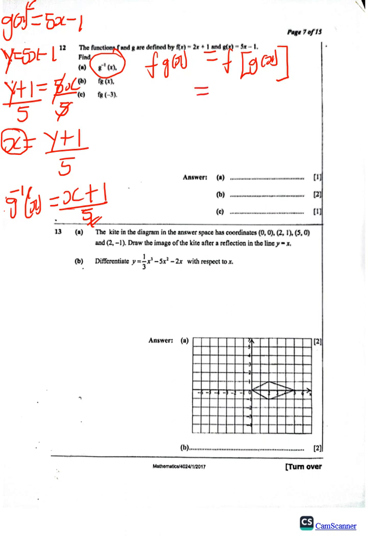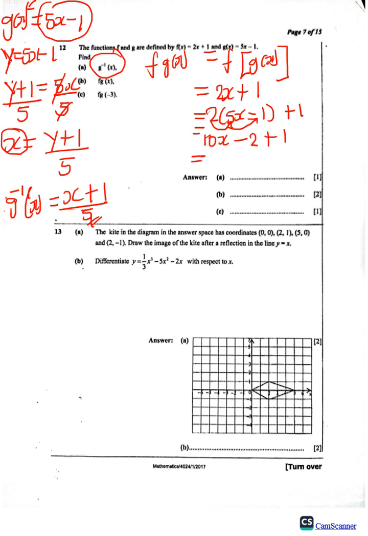So our f is 2x plus 1. Where there is x here, we are going to substitute with the function g. So it's 2 open brackets 5x minus 1 plus 1. Then we can expand. 2 times 5x is 10x, 2 times negative 1 is negative 2, plus 1. Our final answer is 10x minus 1.